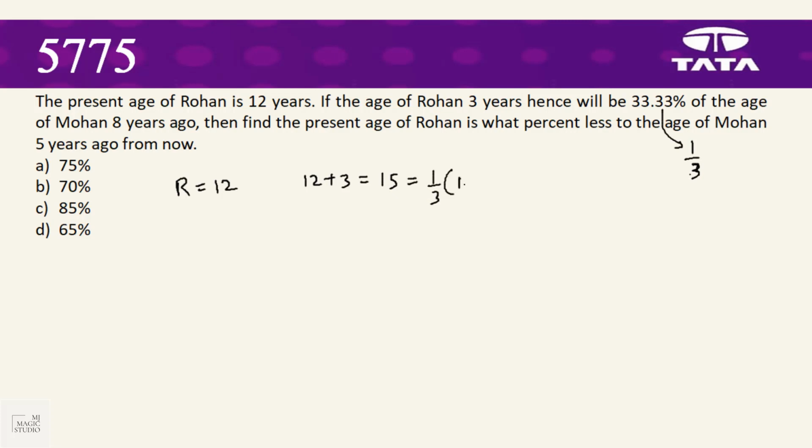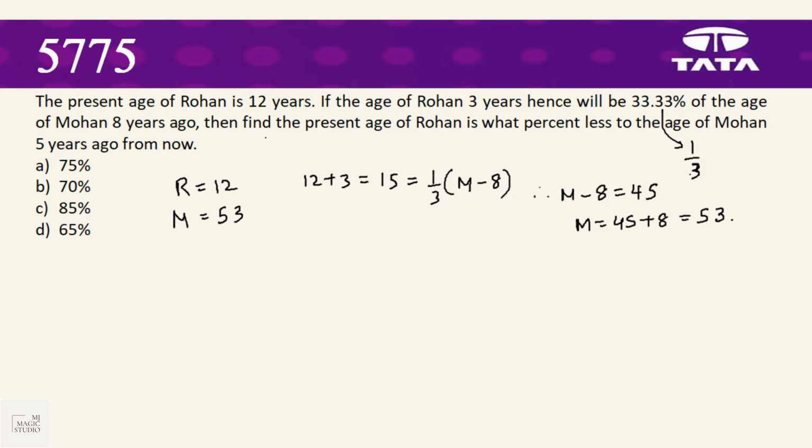That means 15 is equal to 1/3 of Mohan's age 8 years ago. Therefore, m minus 8 is 45. Age of Mohan right now is 45 plus 8, that is 53. So Mohan's present age is 53.